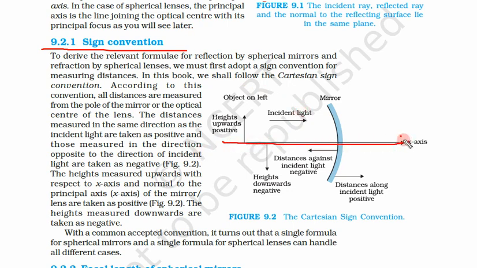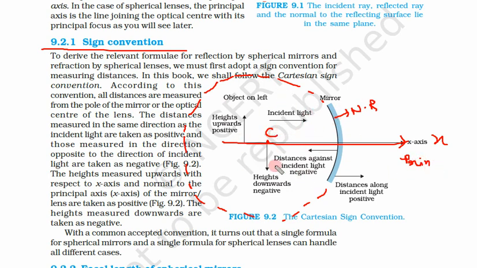So here we have this x-axis, and this x-axis is the principal axis, because somewhere here, if we complete this mirror, we get the center of curvature, because this is the non-reflecting side, this is the reflecting side.